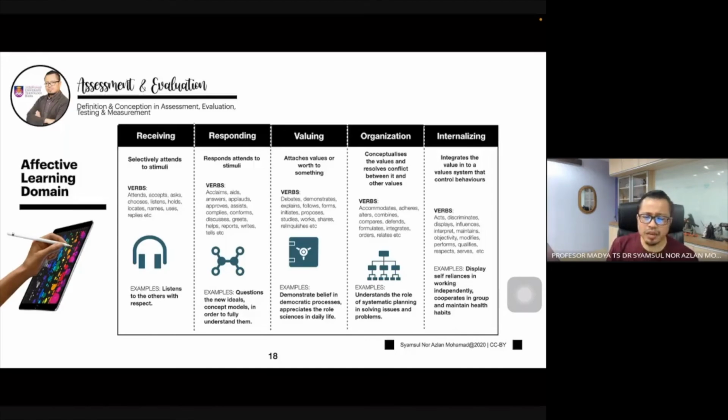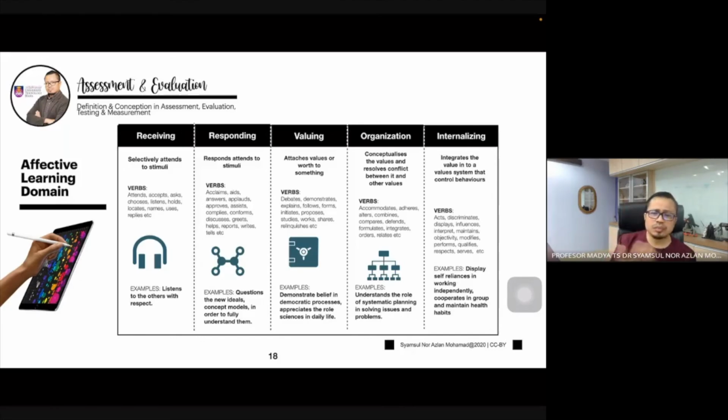By knowing this process of nurturing behavior through the affective domain, students know that nurturing habits or behavior is not that easy. You need to understand the process, and this process will allow the students to learn better. The most important part is to internalize, to integrate the value in their behavior.